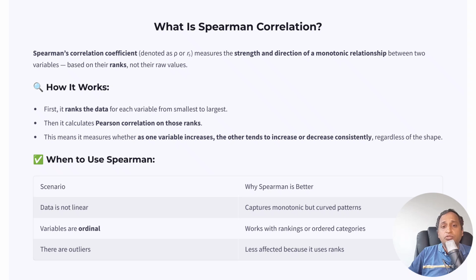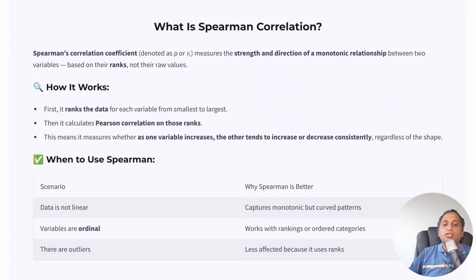But when should you use Spearman over Pearson? If your data isn't linear, Spearman can still pick up meaningful patterns. If you're working with ordinal variables like credit scores, education levels or survey responses, Spearman is ideal. And if you have outliers, Spearman is more robust because ranks are less sensitive to extreme values than actual numbers.